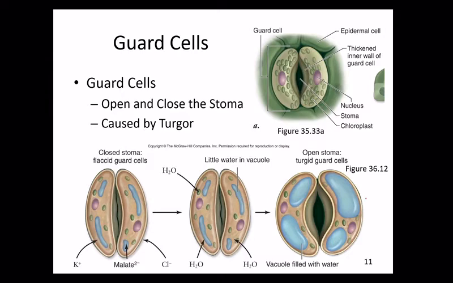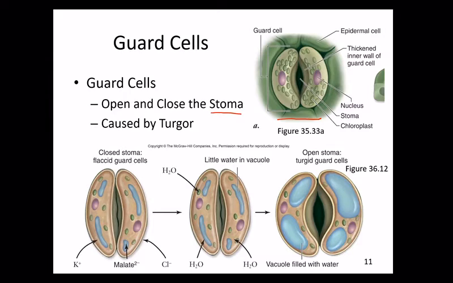And so they're going to form the opening, okay? Stoma is the singular term for stomata. And they're going to be found on either side of that, and they're going to regulate the opening and closing. And this is going to be caused by a change in turgor pressure inside the cells.